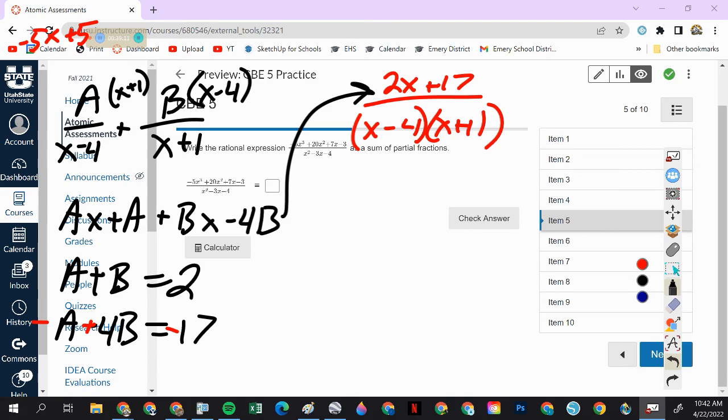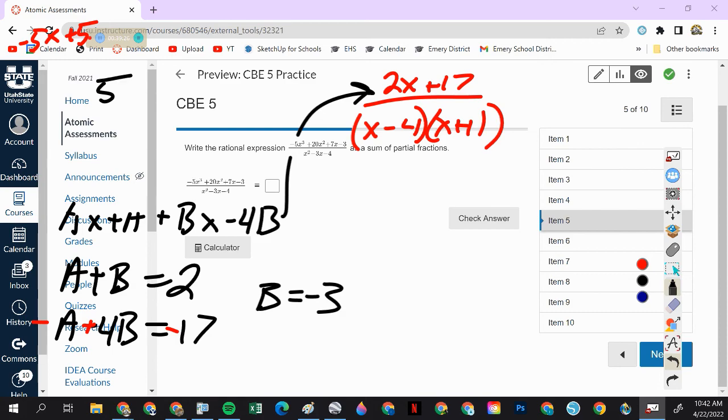The a's cancel, and I get 5b equals negative 15. So b is negative 3. And if b is negative 3, then a must be 5. So 5 over x minus 4 plus negative 3 over x plus 1.